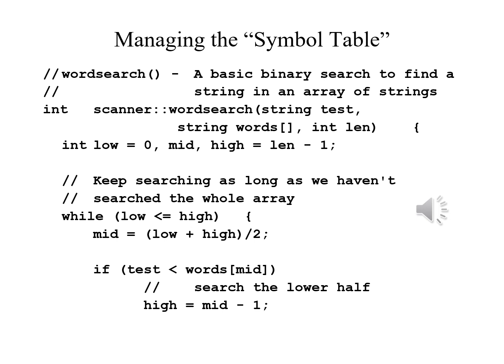We have three parameters here: the word that we're looking at, the array of words we want to see if it's contained within, and the length of the array. We set low to 0 and high to len -1, the lowest and highest index that we're searching through. And as long as low is less than or equal to high, we haven't searched the whole thing yet.